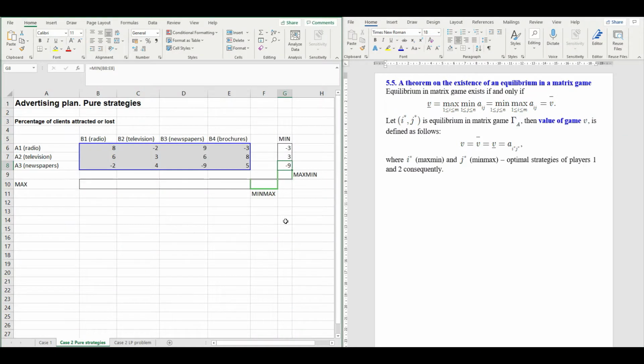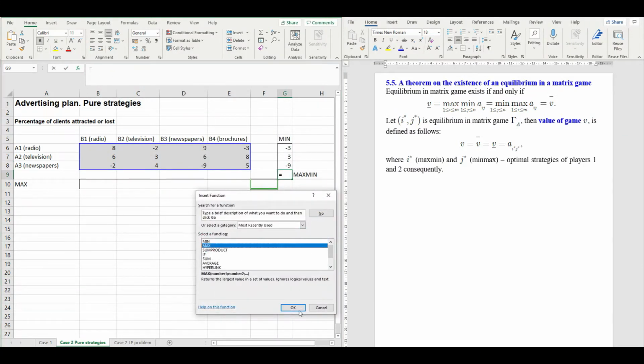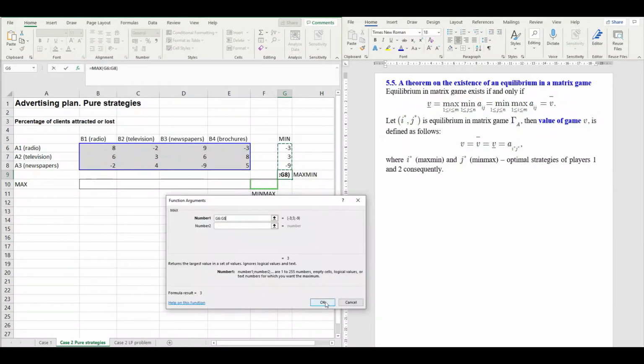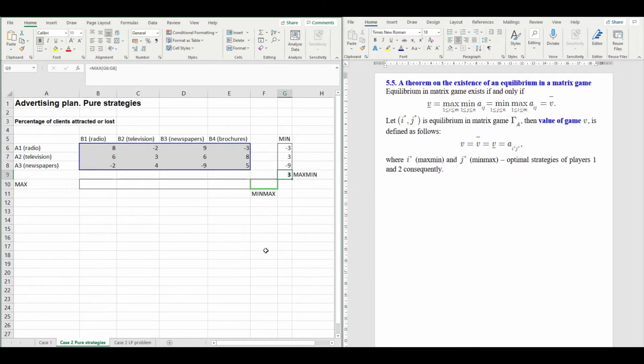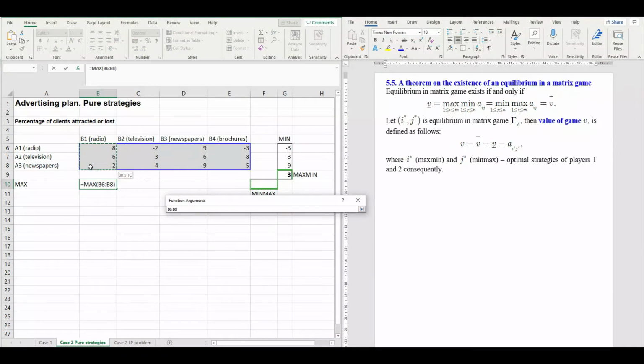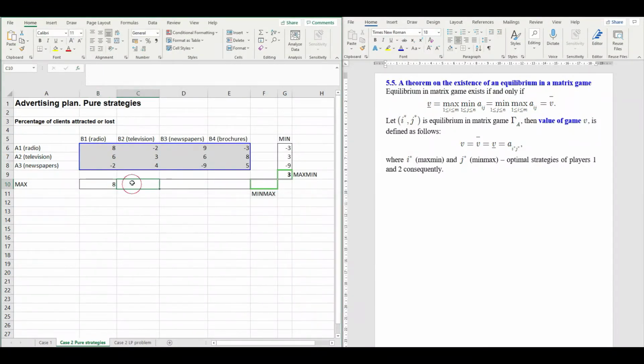Now let's find the maximum of these numbers. And the lower value of the game is 3. Now let's continue with the upper value of the game, and once again let's consider the maximum values for each of the columns. For the first column, the maximum is 8.